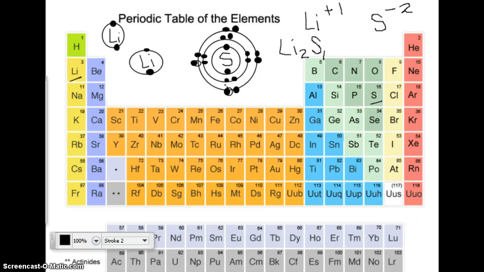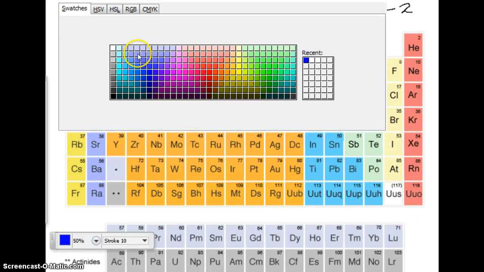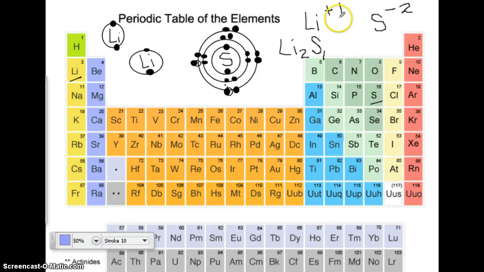No, you don't. Because we can look at our charges and we can say, all right, so lithium had a charge of +1. I'm going to take that 1 and I'm going to write it right down here. Look at that. This +1 charge ends up telling me that I need 1 atom of sulfur.